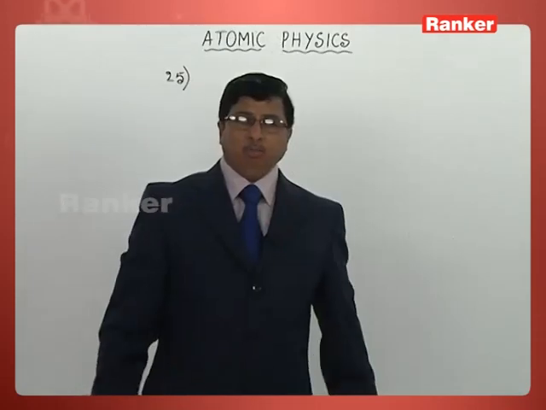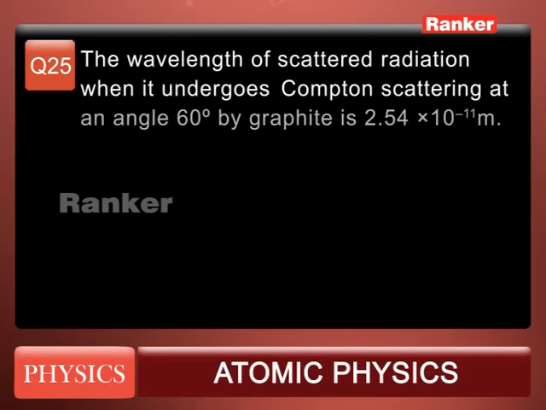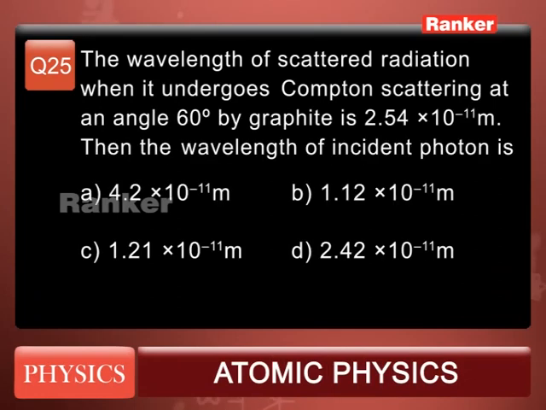That's the point. Problem number 25. The wavelength of scattered radiation when it undergoes Compton scattering at an angle of 60 degrees by graphite is 2.54 into 10 to the power minus 11 meter. Then the wavelength of the incident photon is how much? The wavelength of the scattered photon is given and the angle of scattering is given, and we are asked to calculate the wavelength of the incident photon.